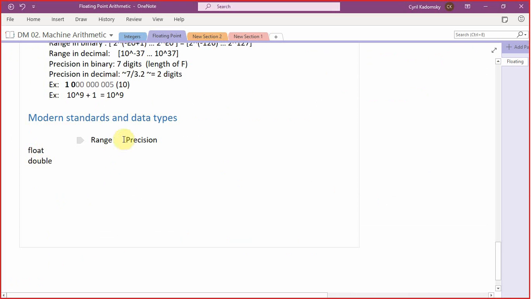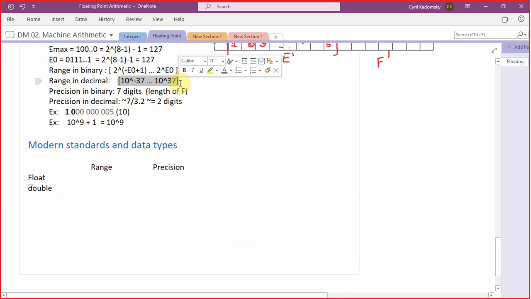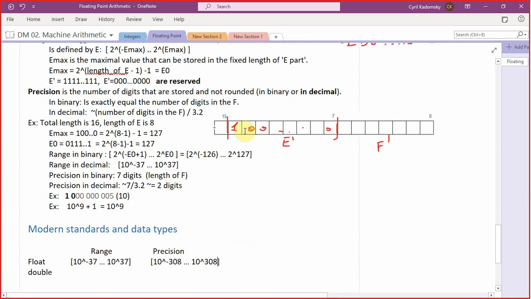For the range, here I copy the result that we had calculated. It holds for the float type, and in here it would be 308 and 308, obtained in the same manner, only in a double type we have 11 bits in the exponent.